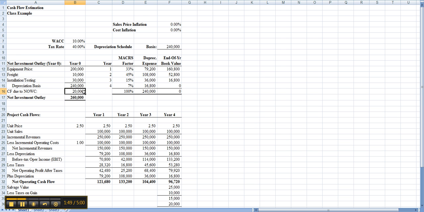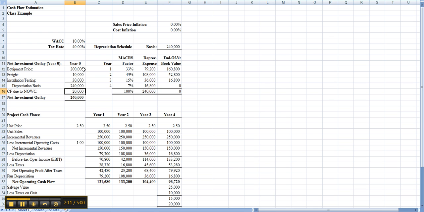And this item here deals with when you're doing a project, what you care about are the incremental cash flows, which are the cash flows that occur because you do the project. So because you're doing this project, you had to spend these dollars, but then also because you're doing the project, inventories went up $20,000.